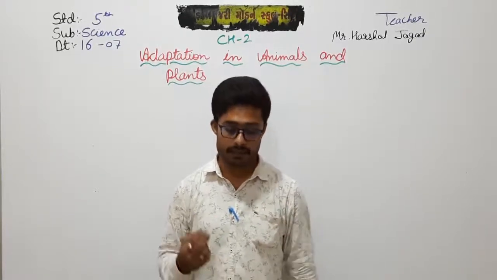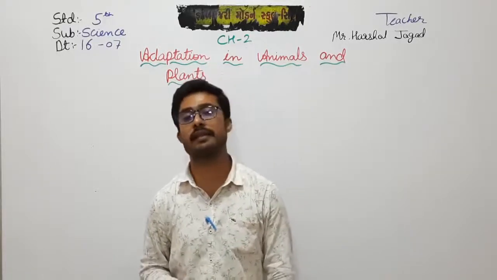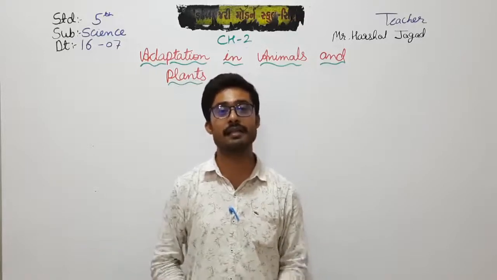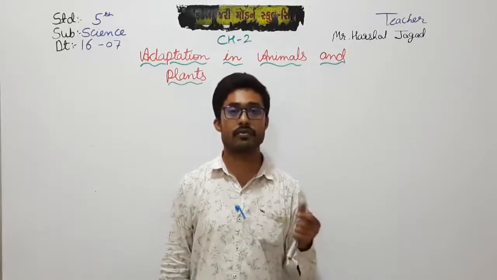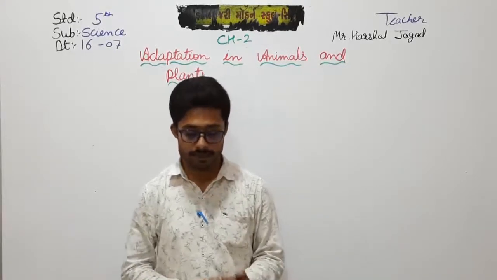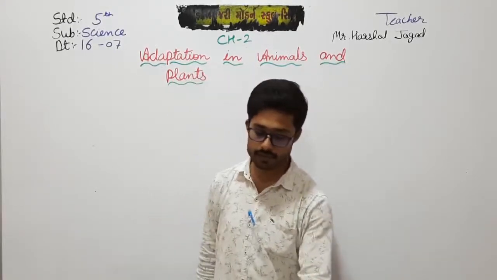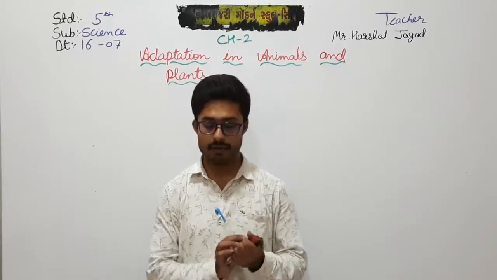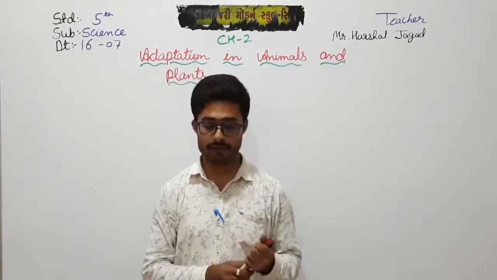Okay, and the next thing that we have seen: the plants which are not in the desert but in the areas where there is less rainfall. So what are some of the adaptations of those plants? Plants that grow in the arid regions other than the deserts have also developed various means of survival.